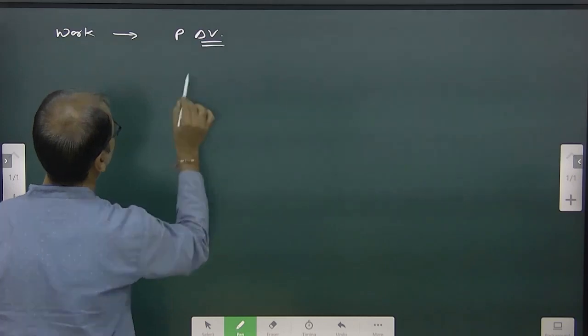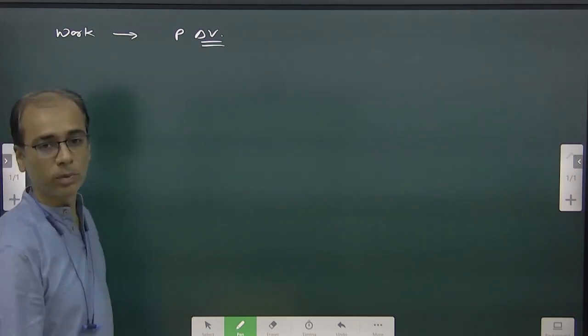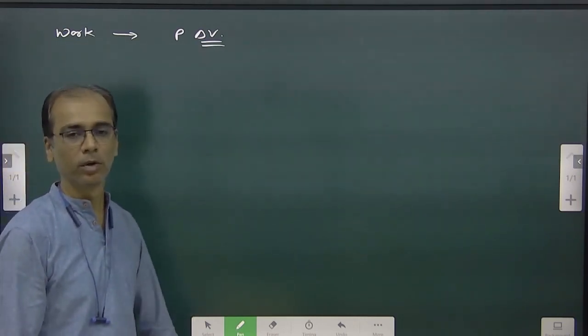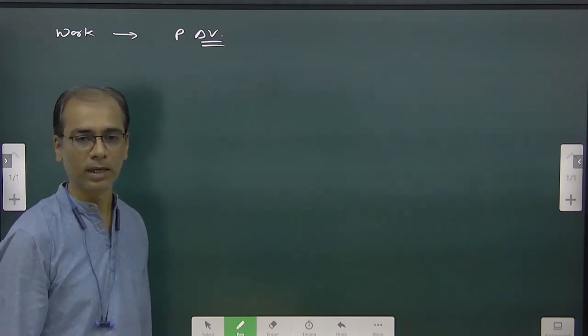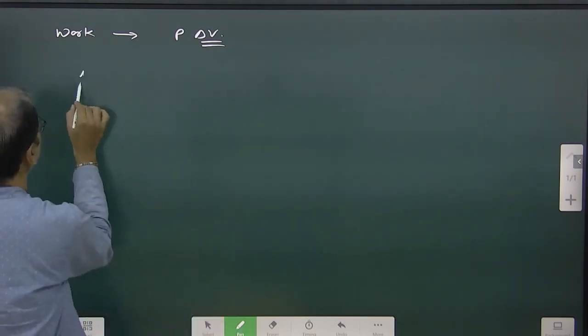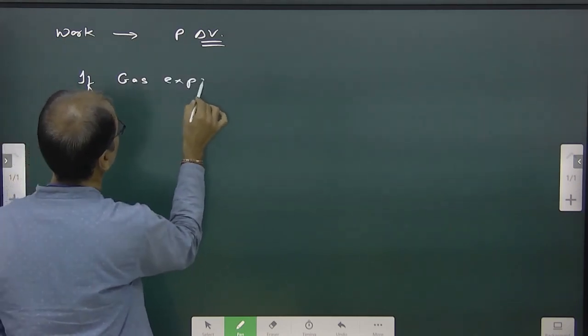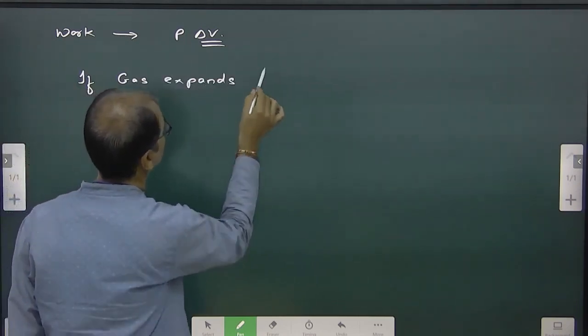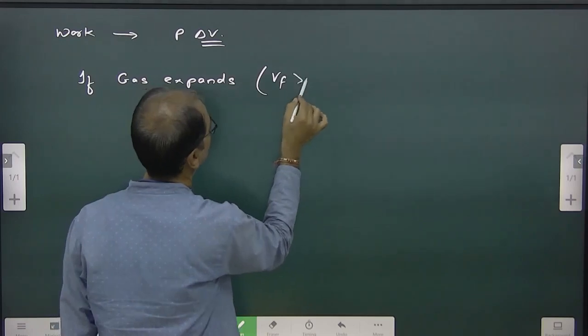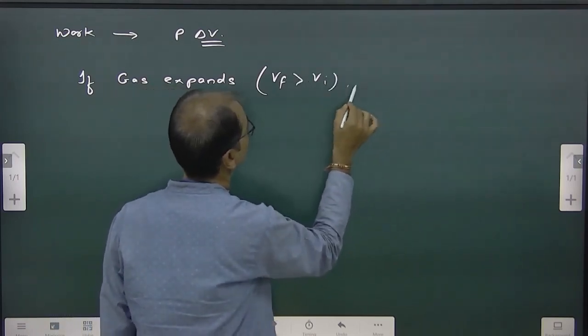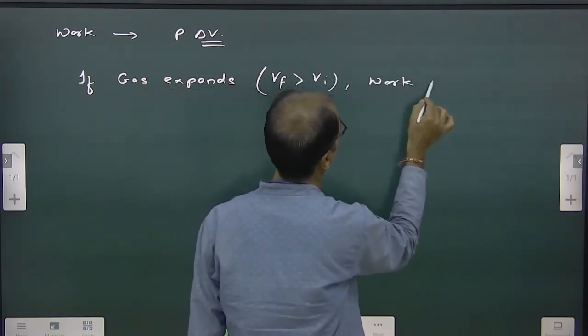Whenever volume is increasing, we say that work done is positive, and whenever volume is decreasing, work is negative. That means if gas expands, that is, final volume is greater than initial volume, work is positive.